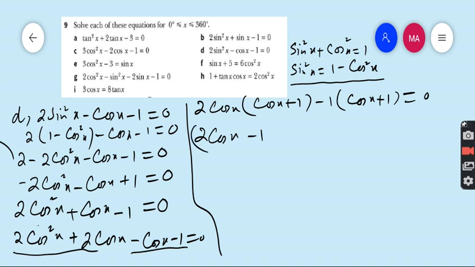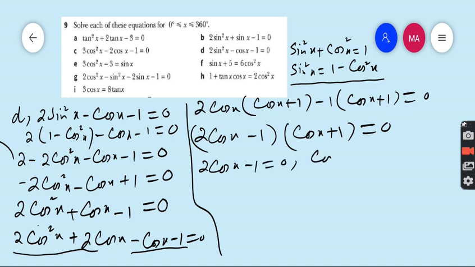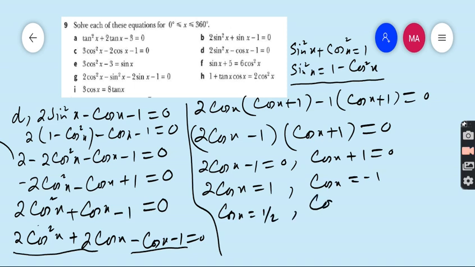So 2 cos x minus 1 and cos x plus 1 is equal to 0. This implies that 2 cos x minus 1 is equal to 0, and cos x plus 1 is equal to 0. So 2 cos x is equal to 1, and cos x is equal to minus 1. Cos x is equal to 1 upon 2. Cos x is equal to minus 1.